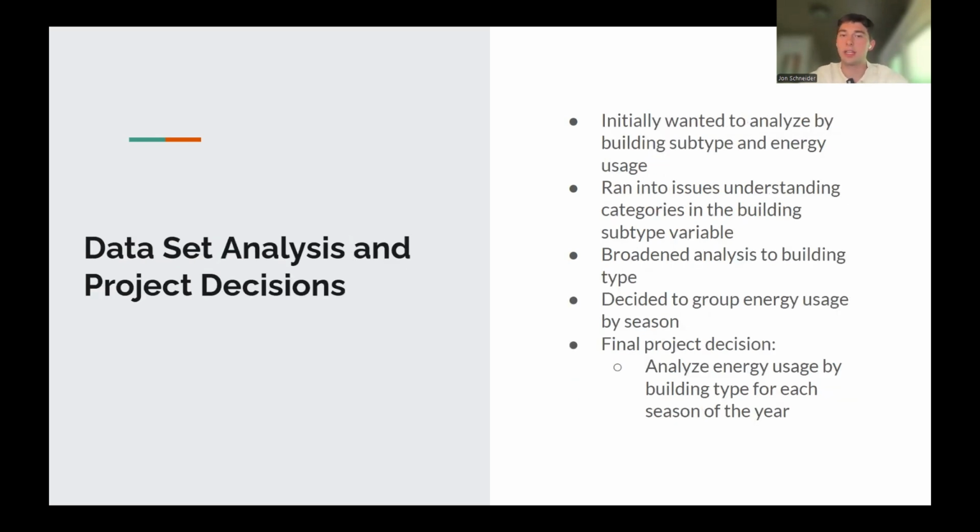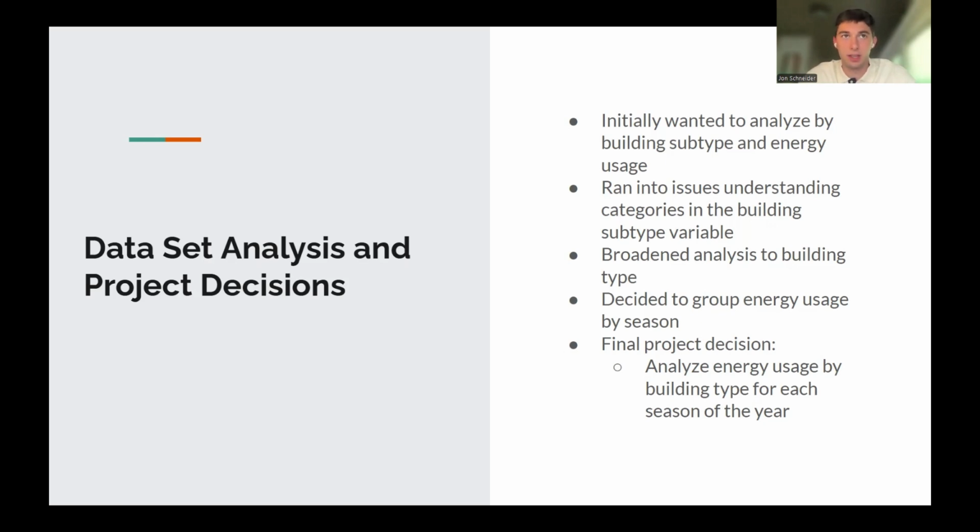So first getting into how we analyzed the data set, initially we spent some time looking at the Excel file itself to get an idea of what the data set looked like. At the beginning, we wanted to analyze it by building subtype and energy usage. We weren't sure exactly how deep we wanted to dive into what other variables to include, but we ran into our first problem there because we struggled to understand the building subtype variable.